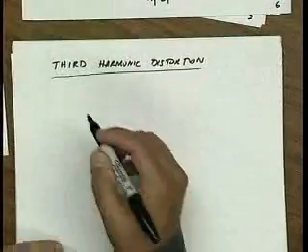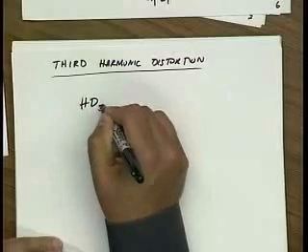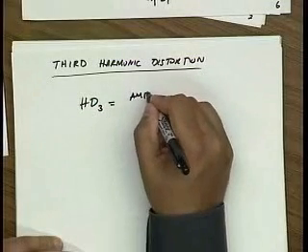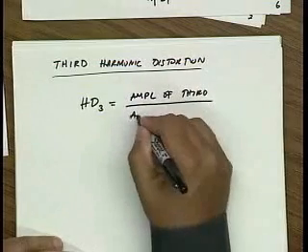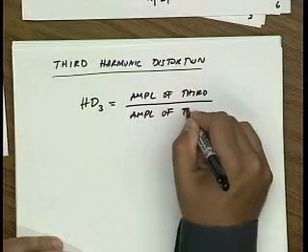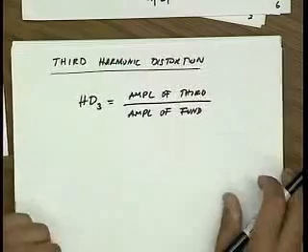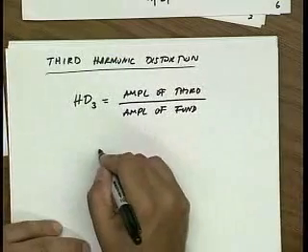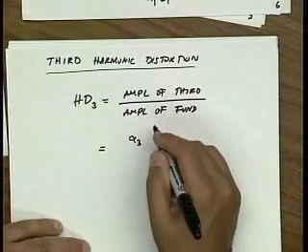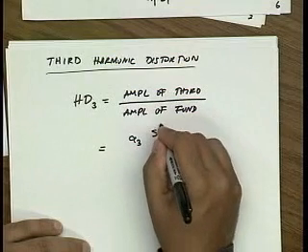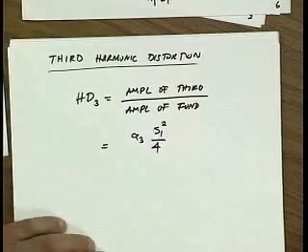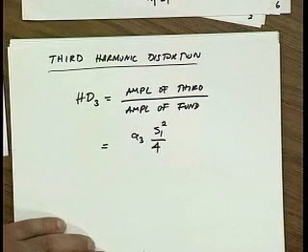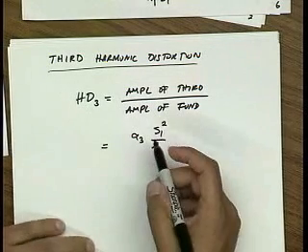So third harmonic, HD3, is again the amplitude of the third normalized by the amplitude of the fundamental. Okay? And last lecture we found that the amplitude of the third, actually we just redid it at the beginning of the lecture, is A3 S1 squared divided by 4.